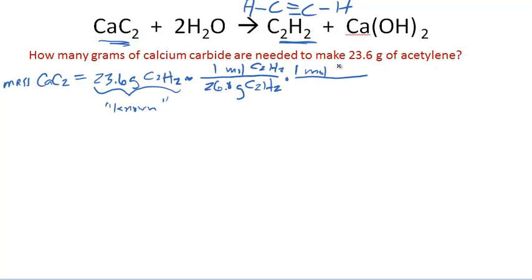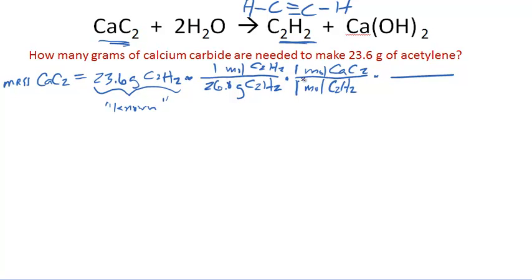And now the compound that goes on top is the calcium carbide. That's what we're after. And I know this is 1 mole because the coefficient here in the equation is 1. And then we're canceling out moles of acetylene, and we look up here, that's 1 as we said before, so 1 mole of acetylene.